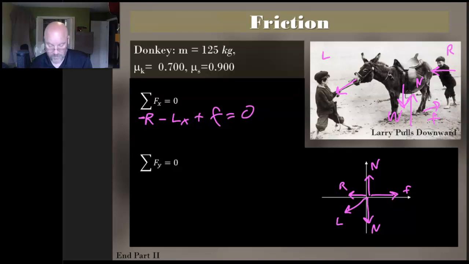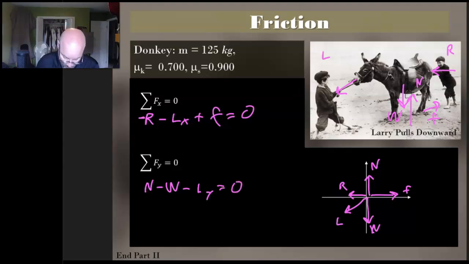I don't care if we're doing static or dynamic at this point. I just want to show you what happens. Now let's look at the vertical direction: we've got N is up. The weight is down. That's weight, by the way. And then we also have a Y component for L. Just like that. And so you can see what's going to happen here.